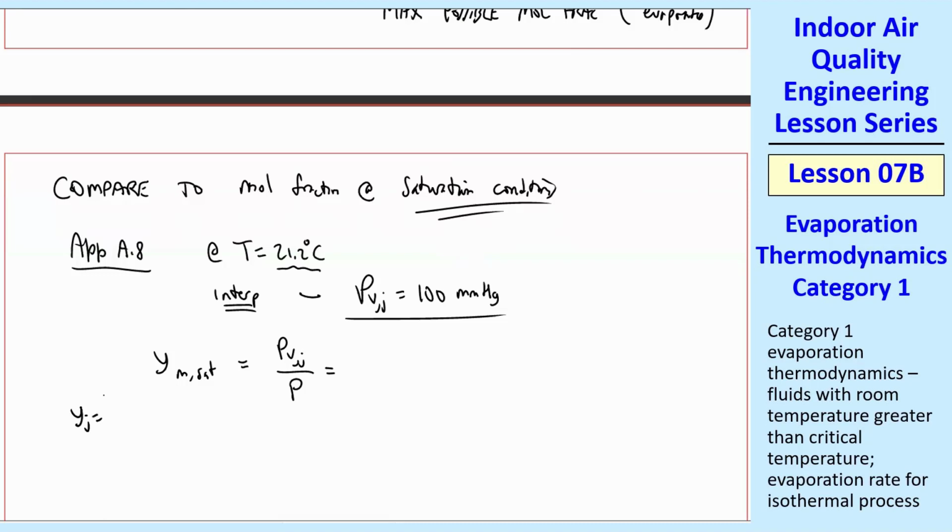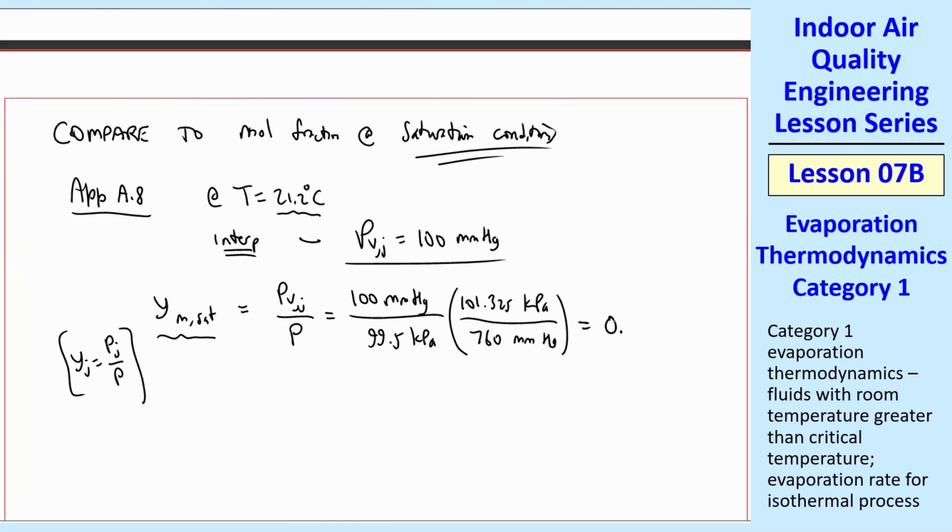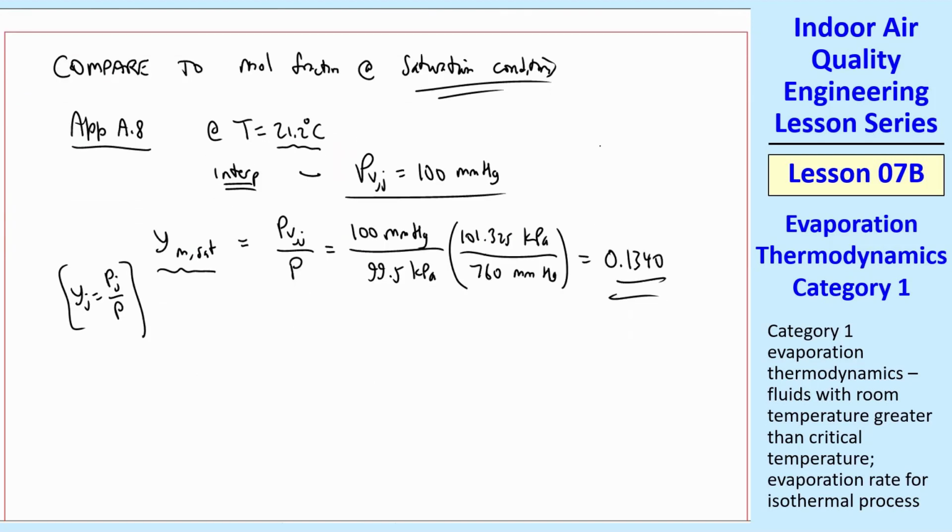Remember, Yj is Pj over P that we learned the first week of class, 100 millimeters of mercury over 99.5 kPa. Here's the importance of writing your units, because we have to get these units to cancel to get a non-dimensional, non-unit Y. So 101.325 kPa per 760 millimeters of mercury is 2 units for the standard atmosphere. And this turns out to be 0.1340.